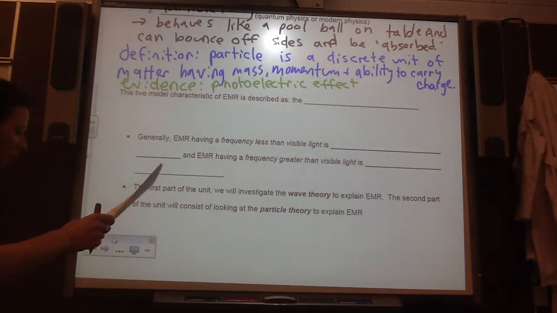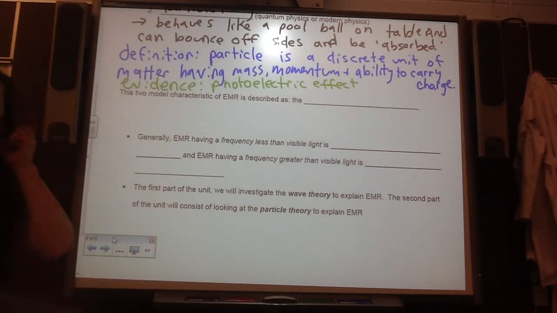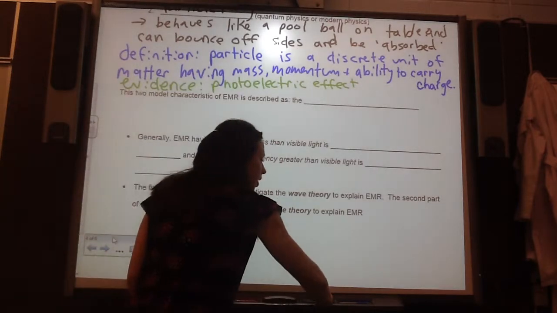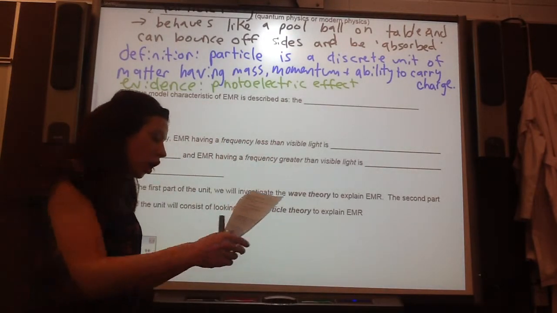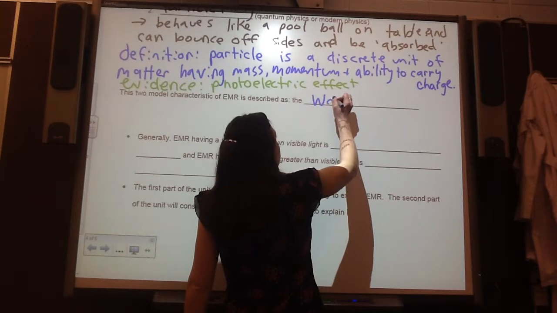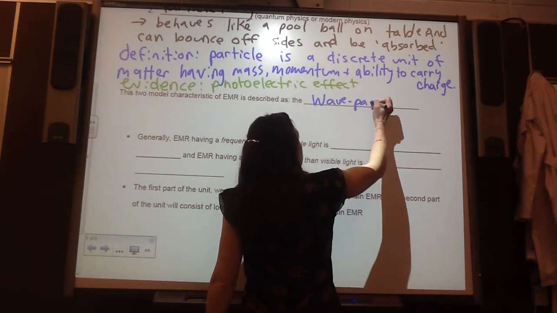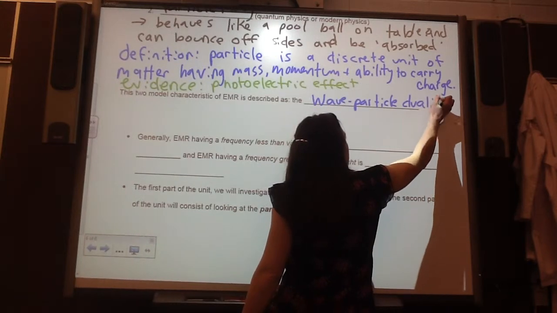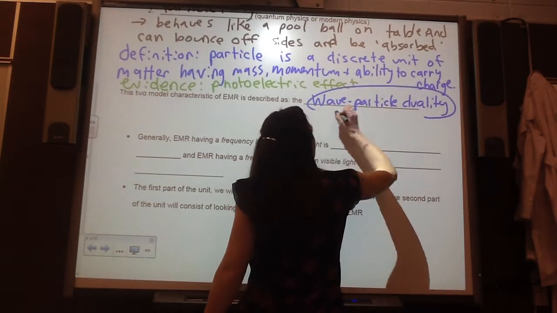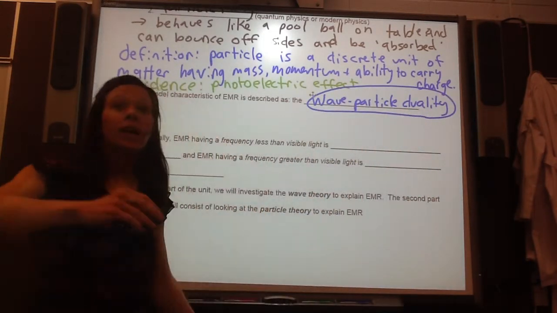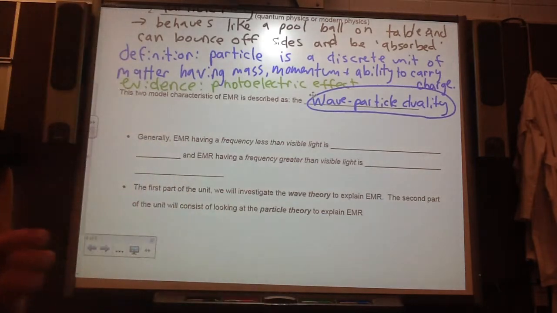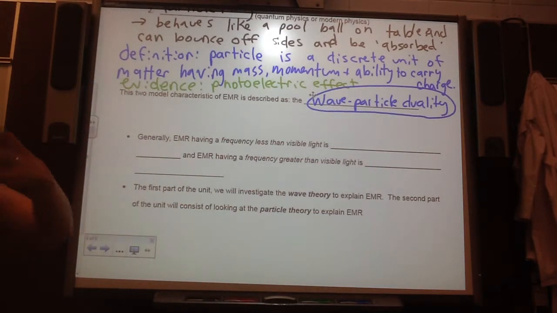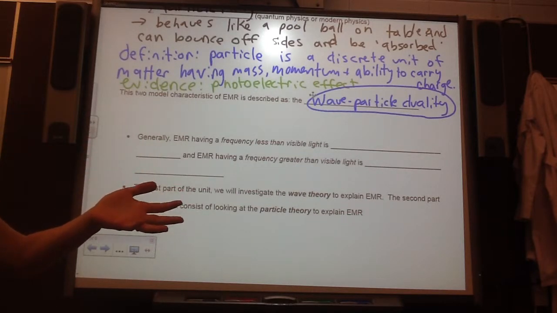Okay? So when we look at these two models, since there are two models to explain one thing, we call this the wave particle duality. Okay? And this is the big conundrum in physics, this merging between classical and modern or quantum physics.